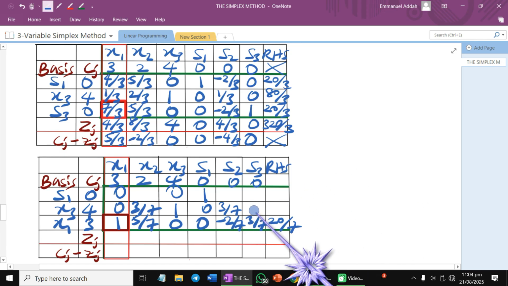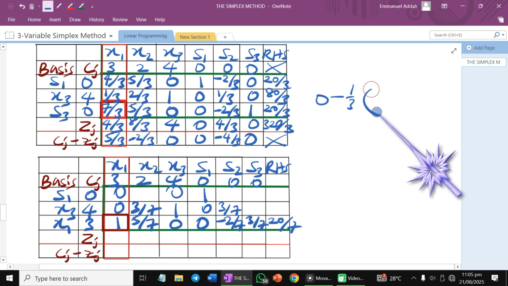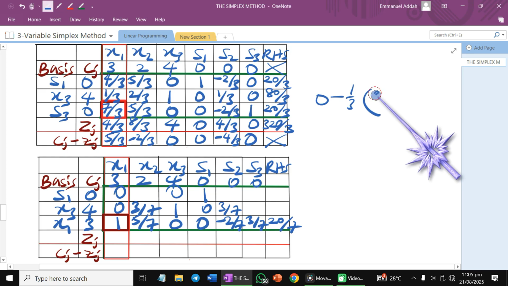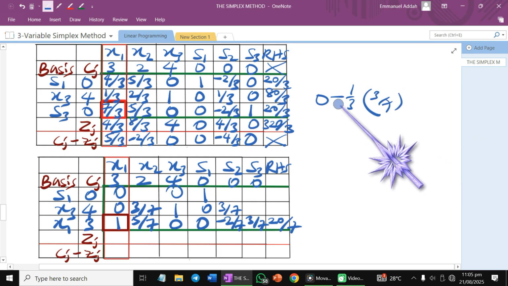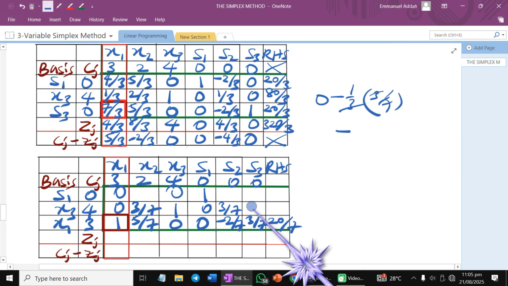Now the value there is what? Is 0. That's 0 minus X here, 1 over 3, into the new pivot row, 3 over 7. That will be minus 1 over 7.